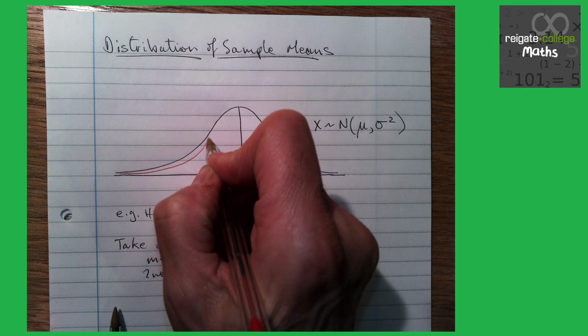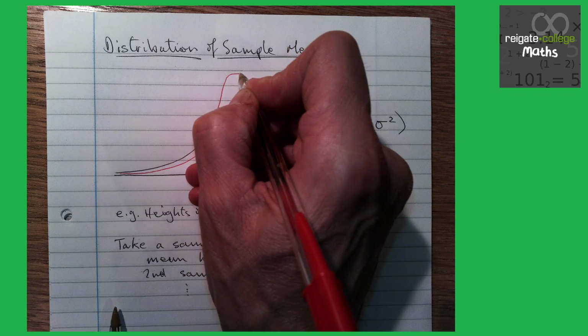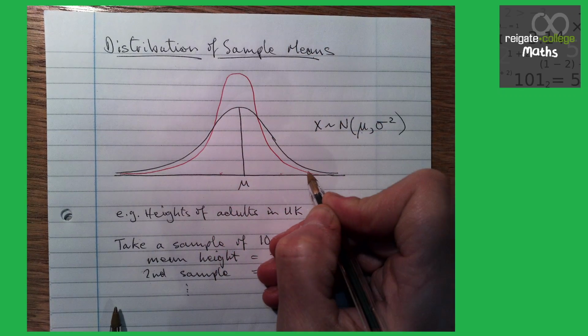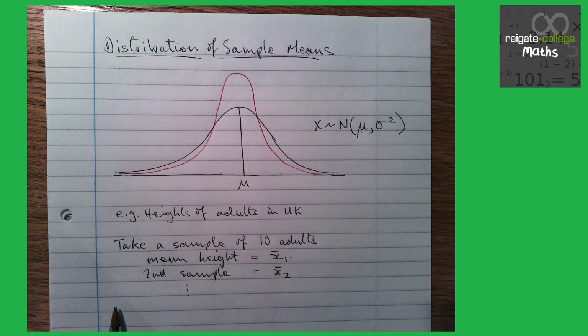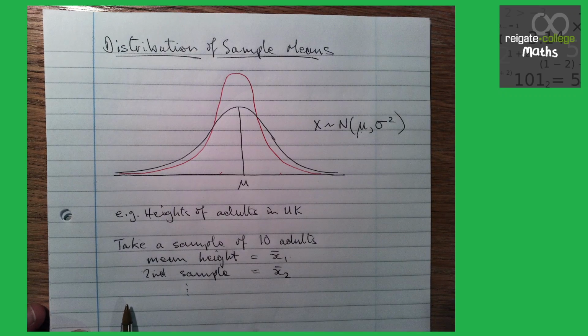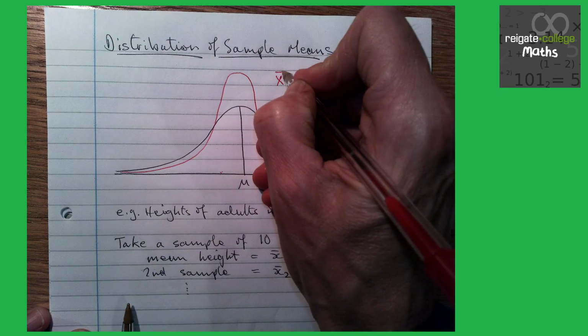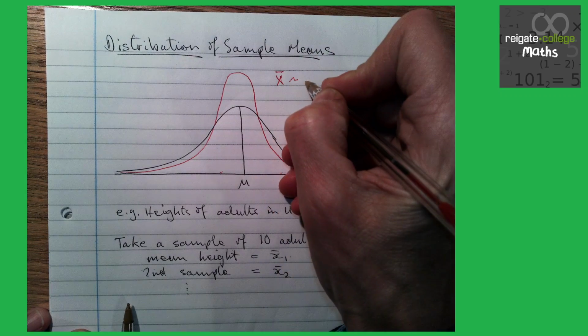It's actually taller and narrower, like that. Possibly I haven't drawn that enormously well, but that is called the distribution of sample means, and we write it with an x bar, and we can now say that that is normally distributed.